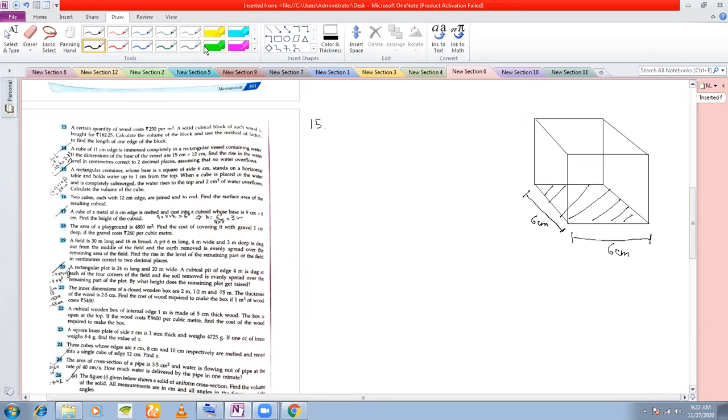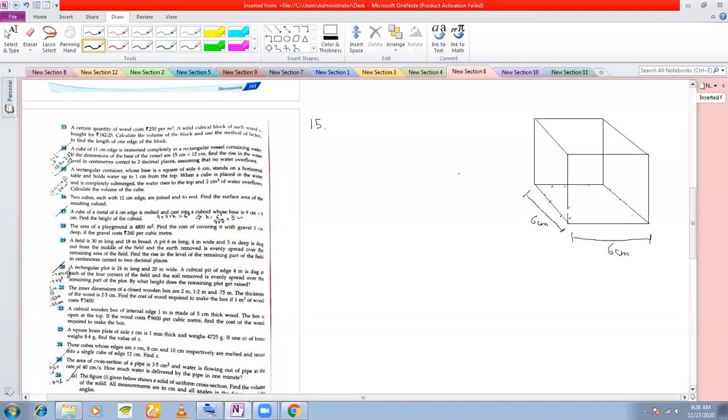That this stands on a, let me just erase this. Okay. Whose base is a square of side 6 centimeters, stands on a horizontal table and holds water up to 1 centimeter from the top.